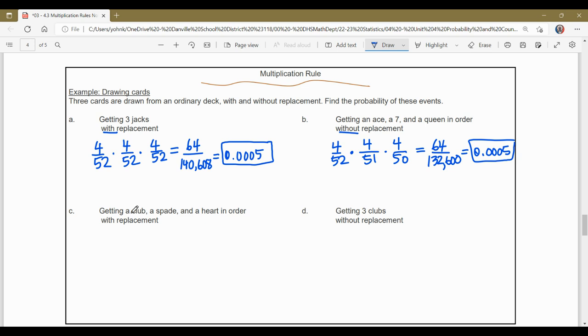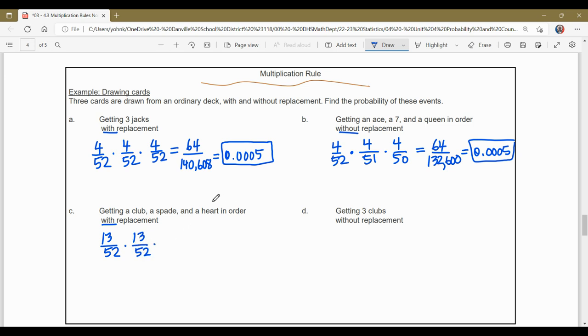Okay, letter C, getting a club, a spade, and a heart in order with replacement. So that means I'm going to take the card out and then put it back in. So the probability that the first card is a club is 13 out of 52. The probability that the second card is a spade is 13 out of 52.